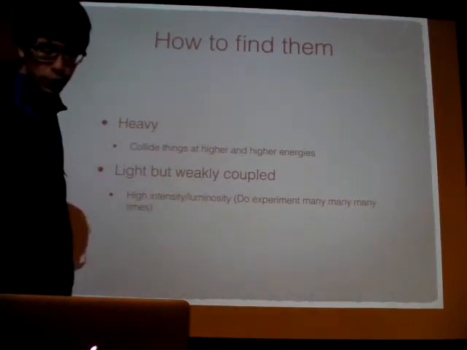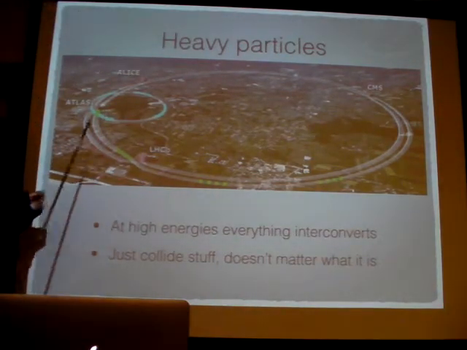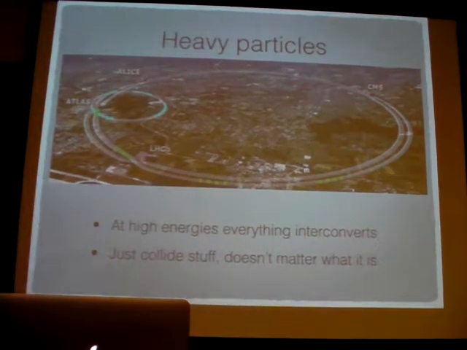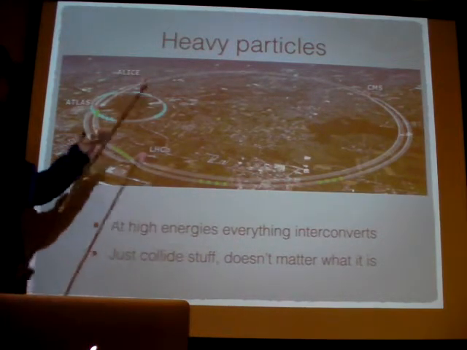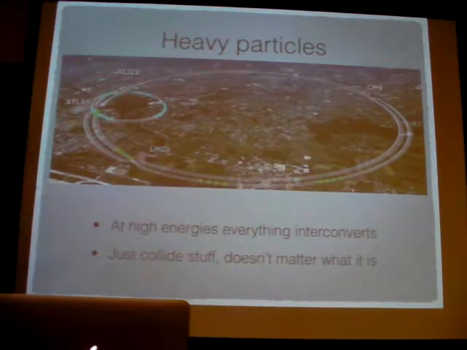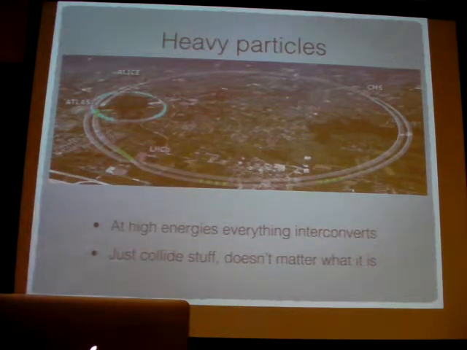So the way we've seen these heavy particles is extremely simple. You just take things, collide them at very high energies. This is what the LHC does, and they collide protons at high energies. And it's very nice at high energies because at high energies, things interconvert very easily. There's no real difference between colliding protons, gluons.